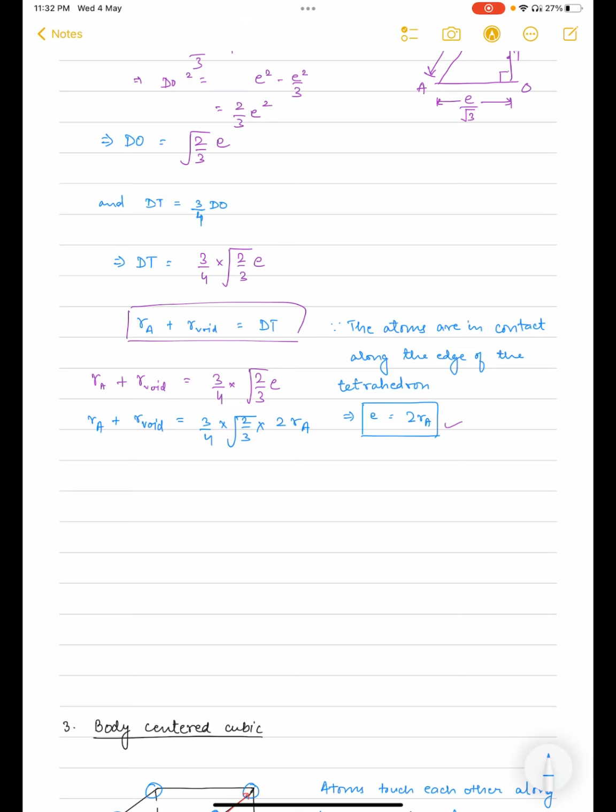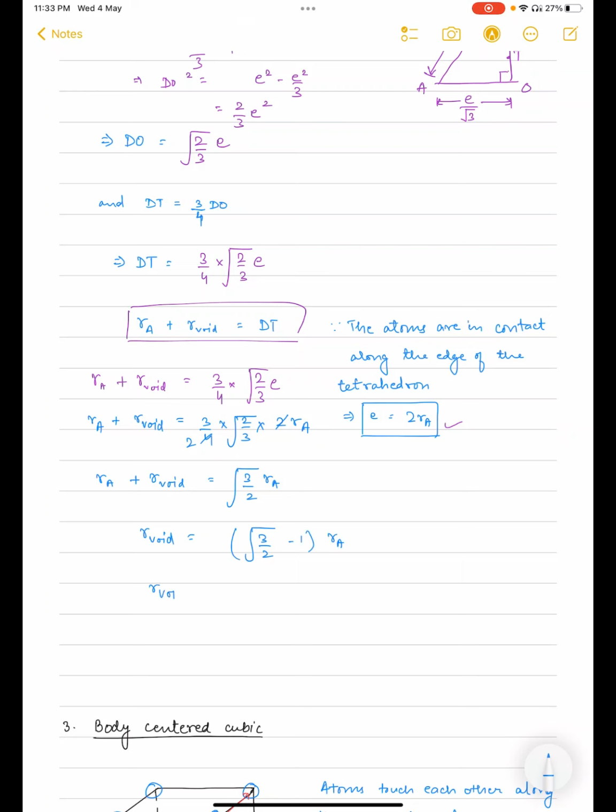So cancelling out the terms, we get RA plus R void equals under root 3 by 2 RA. So R void is equal to (under root 3 by 2 minus 1) RA.